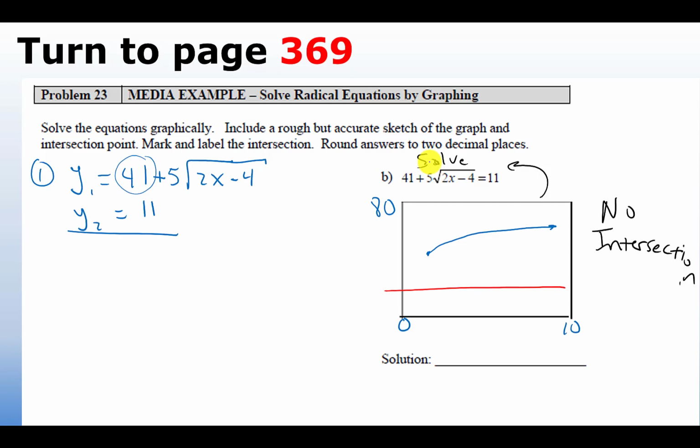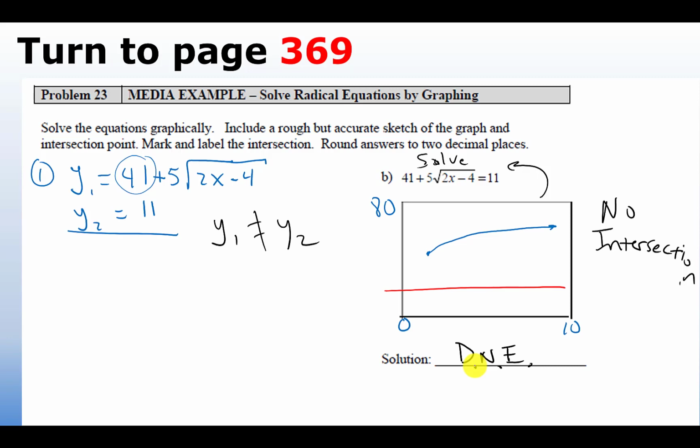Well, if there's no intersection point, then there's no time when y1 equals y2. It's not happening. These two things never equal each other, which means this equation has something wrong with it. If there is no intersection, the solution does not exist. So there is no answer.